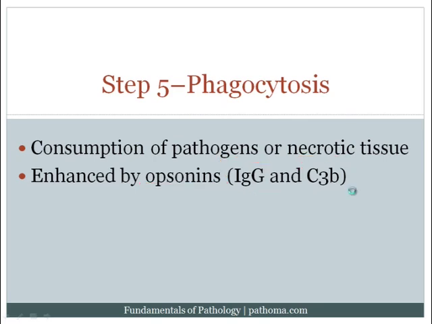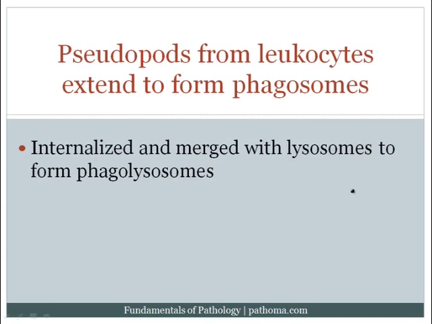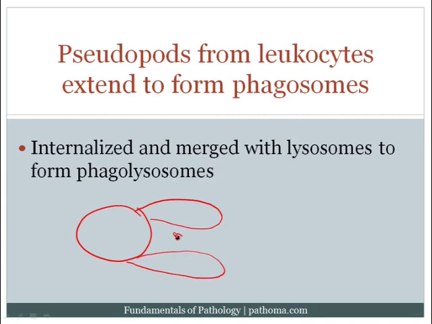So let's keep going. The way by which phagocytosis occurs is that pseudopods from the leukocytes extend to form phagosomes. And so here's the idea. If this was the neutrophil, what will the neutrophil do? It will sort of draw out these big arms, which are like pseudopods. And let's say that this is the thing that it wants to consume.